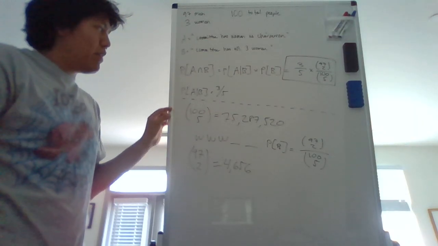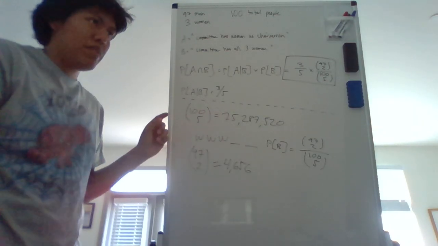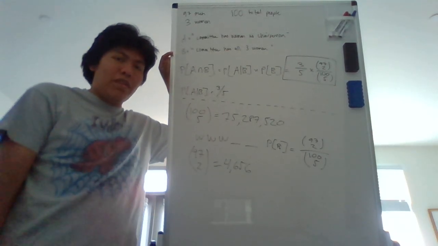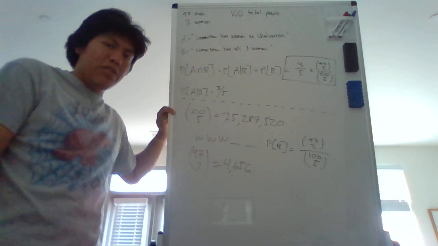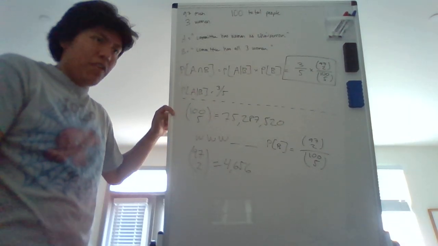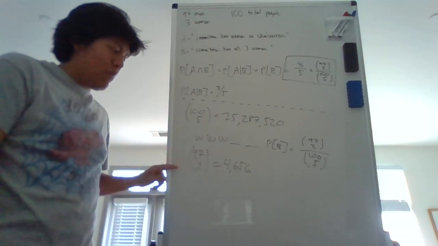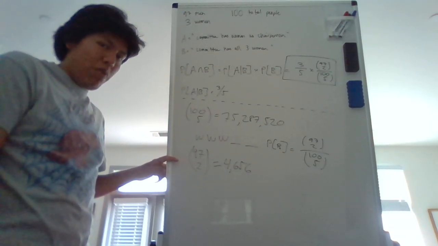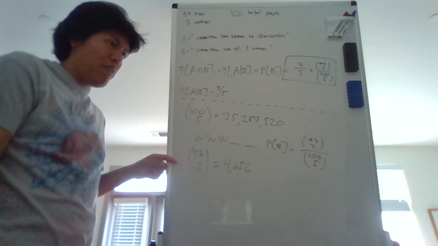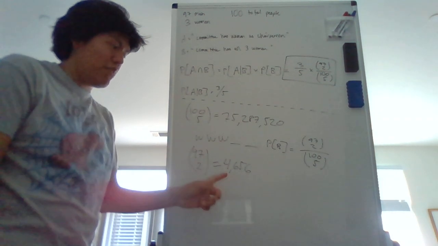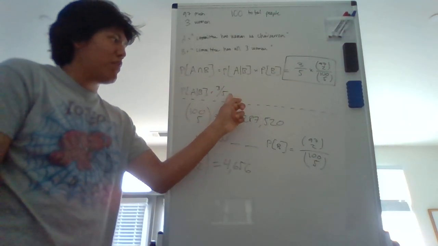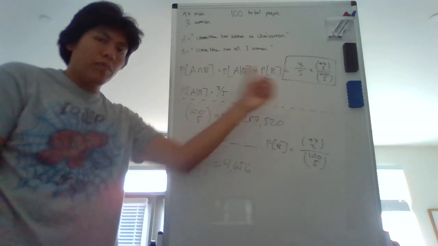And the probability of B is the probability of a committee having all three women, and in order to do that, we need to find the total number of possible committees we can make out of 100 people, where we only choose 5, and we find all of the committees that have all three women. And so in order to find the probability of a committee having 3 women, we put this number over this one, and then at the end we multiply these two fractions together.